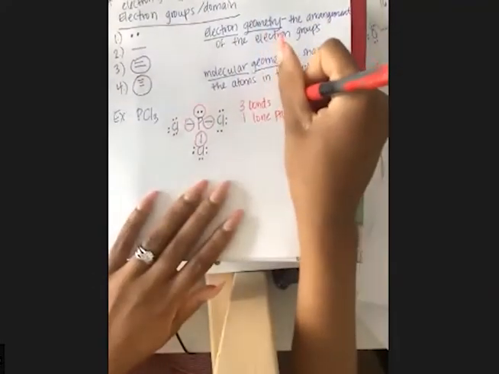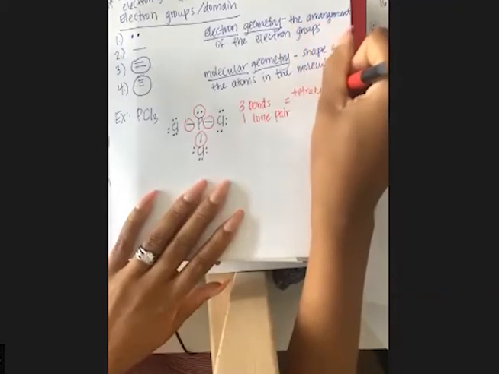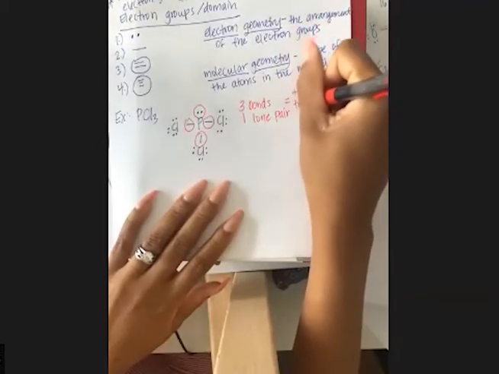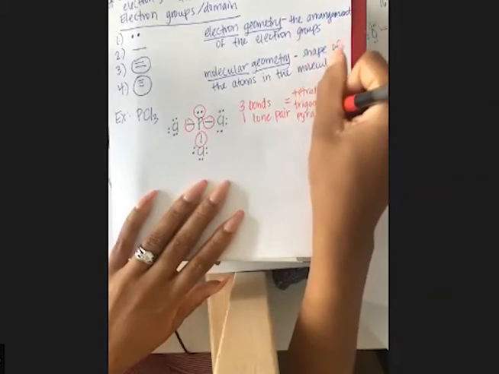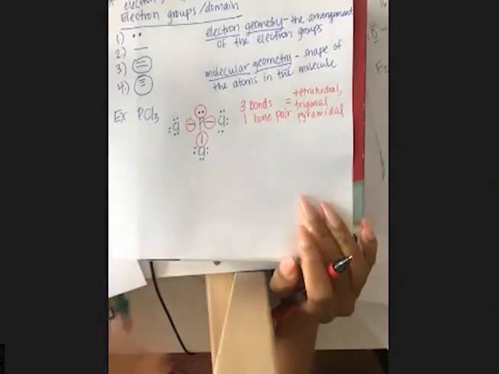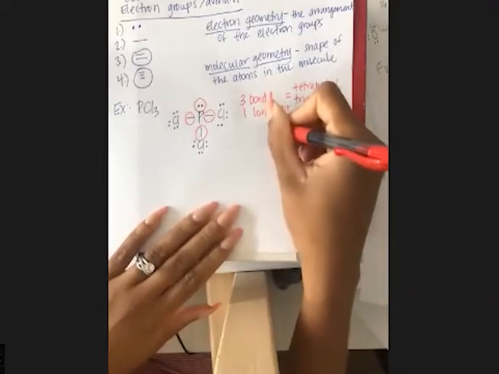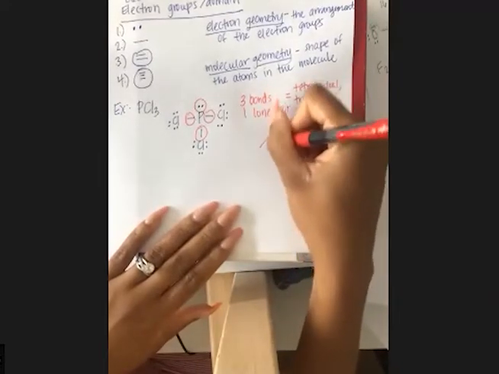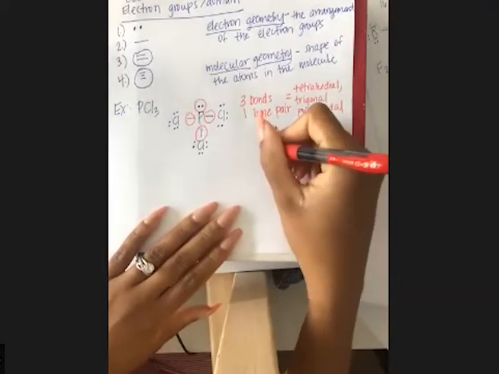Trigonal pyramidal, so I'm going to say that this means it's tetrahedral, and then it's trigonal pyramidal. And all that really means is that it's like a triangular pyramid. So we think of a pyramid like this, but instead of having a square base, it's going to have a triangular base.